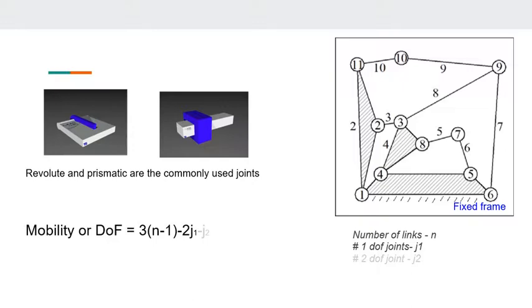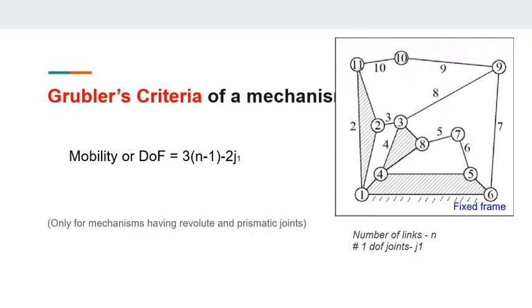Updating this in the Kutzbach criterion, we will get a simplified criterion for finding the degrees of freedom of mechanisms having just 1 degree of freedom joints. This simplified criterion is called Grübler's criterion for finding the degrees of freedom of planar mechanisms.